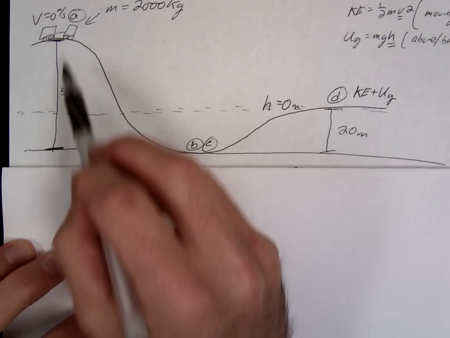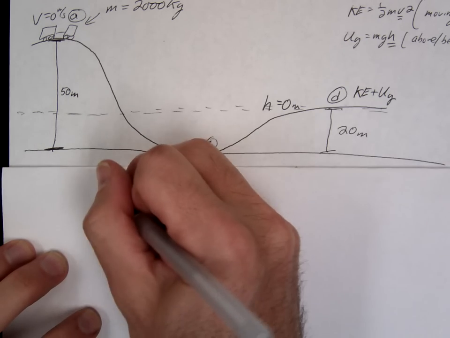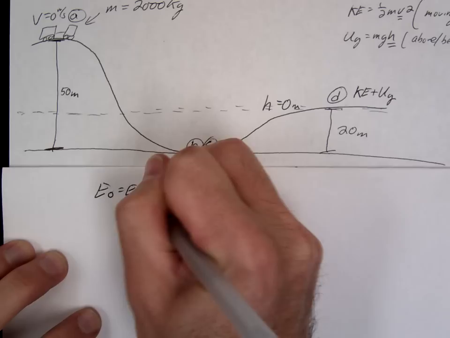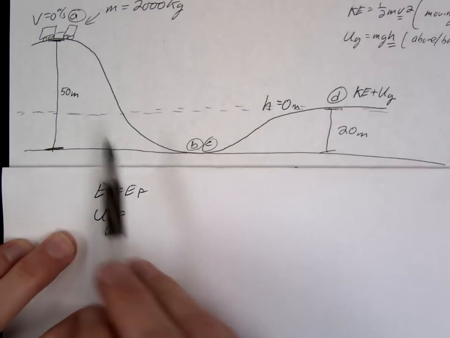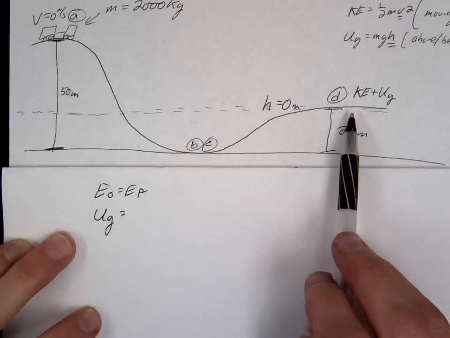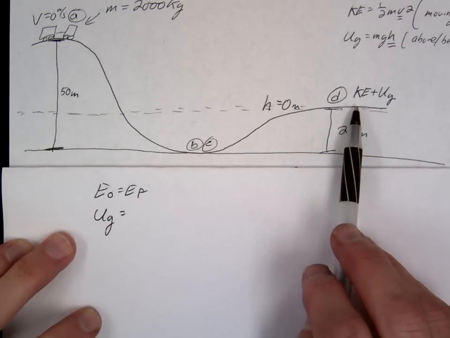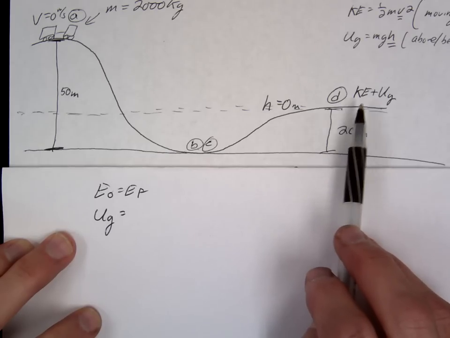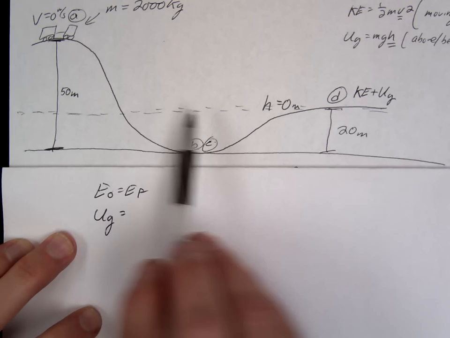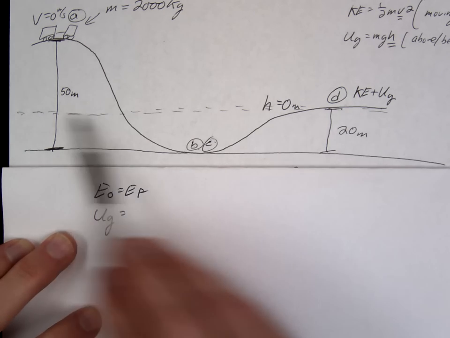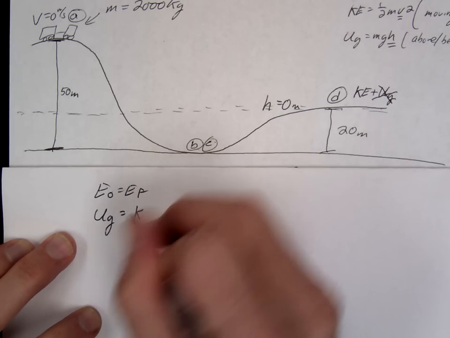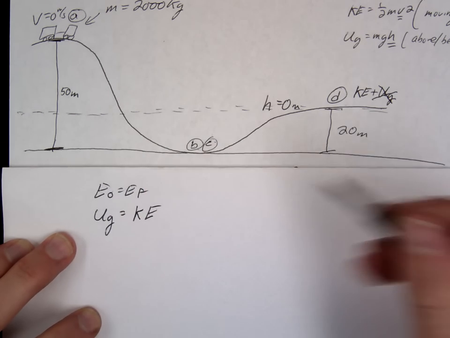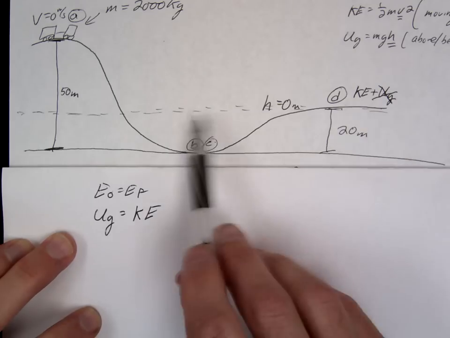Okay? And if I make this my h equals 0, here's what happens. Way up here at the top, I still only have potential energy, UG. But down here at the bottom at point D, what kind of energy do I have? All kinetic, right? Because we're now calling this our ground state, our reference level. So here we'd have 100% kinetic. So we're going to have our UG equal to KE here, changing the reference level.